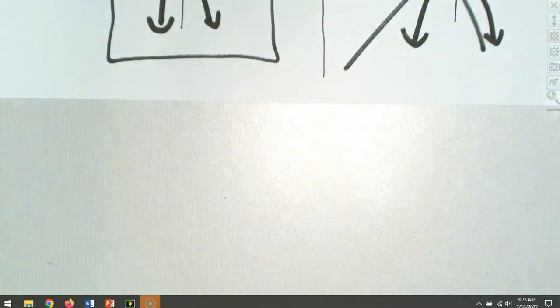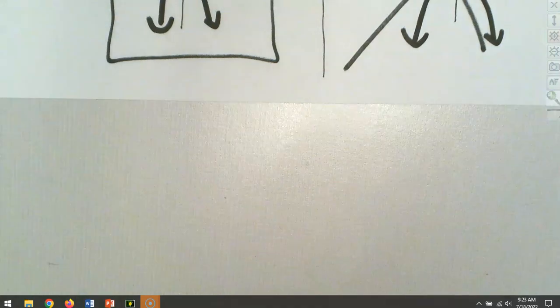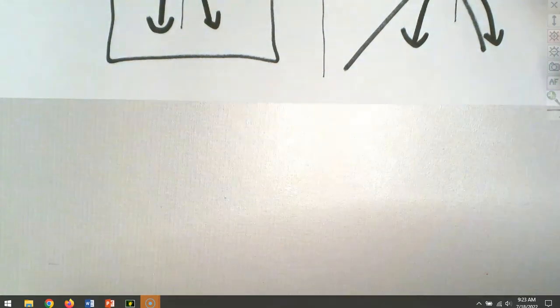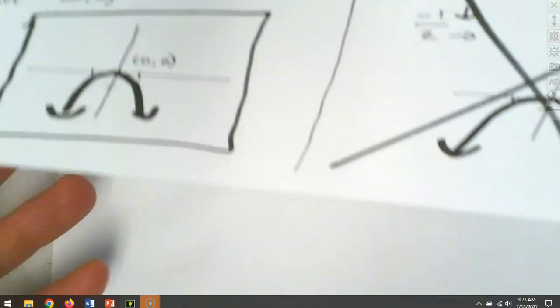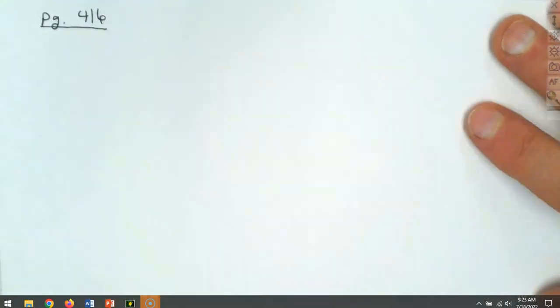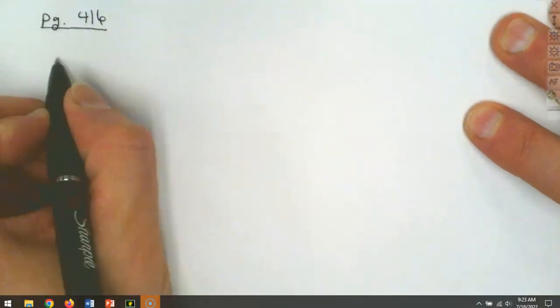These are in our textbook, and they're actually in 3.7. And we're going to look at question 27 first. And this is on page 416.